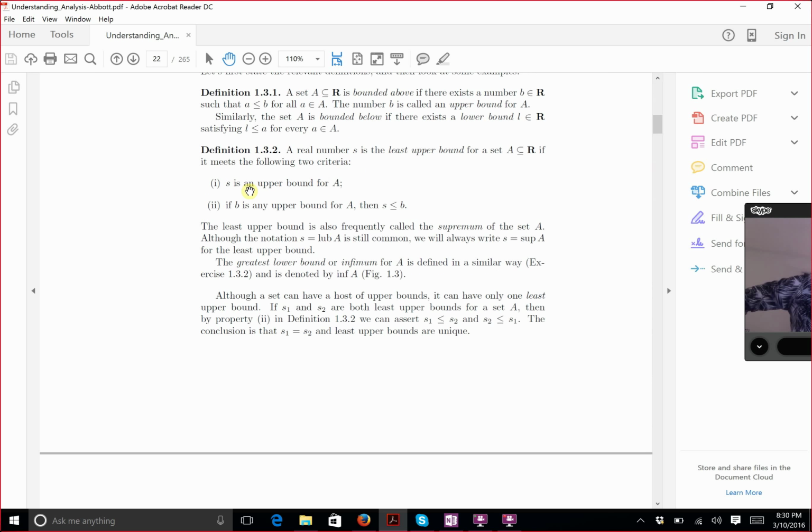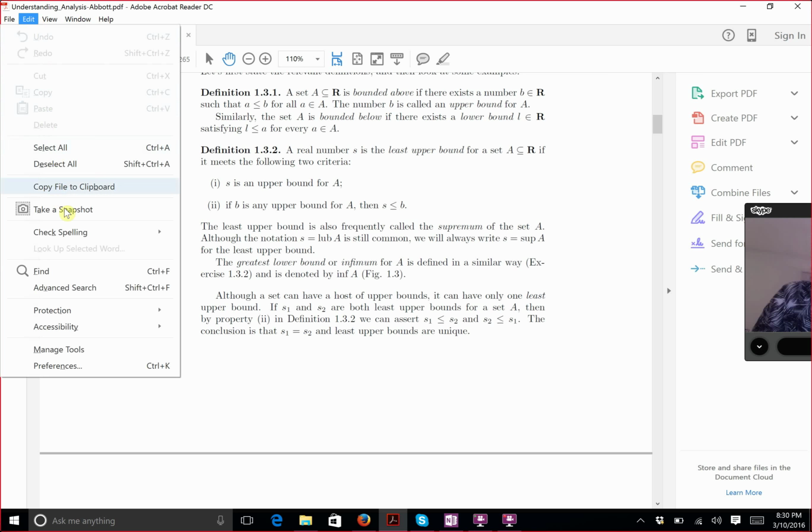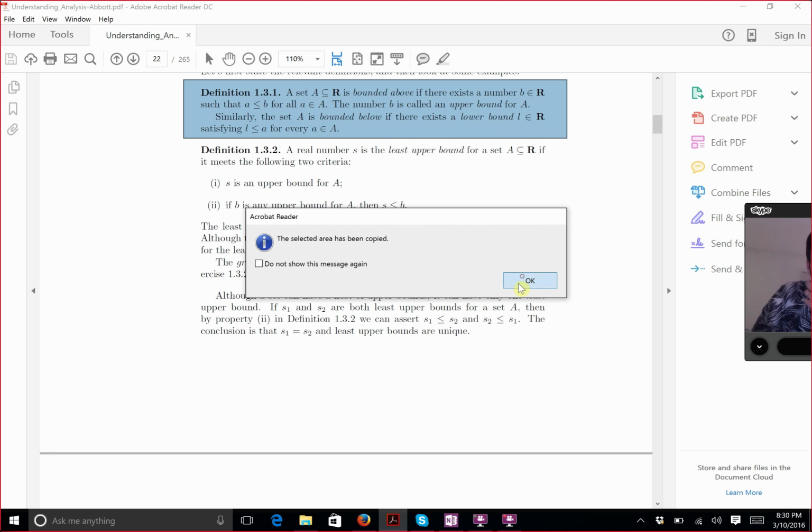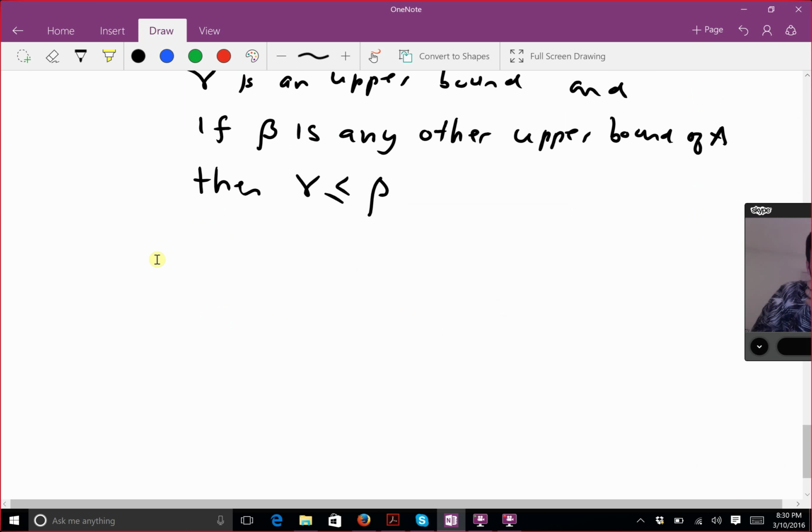So here we say, it's a least upper bound if it's an upper bound, and if you have any other upper bound, it has to be greater than or equal to. So these are important. Let me put these definitions in here because these are really important definitions.